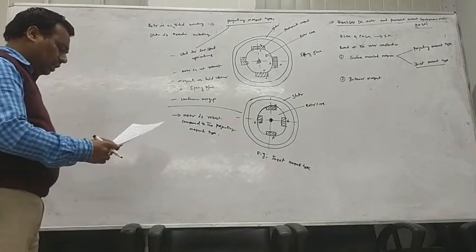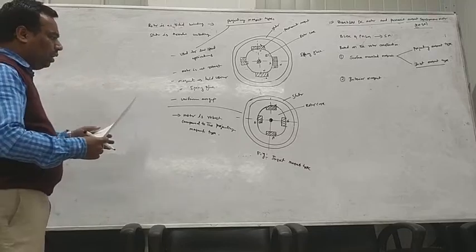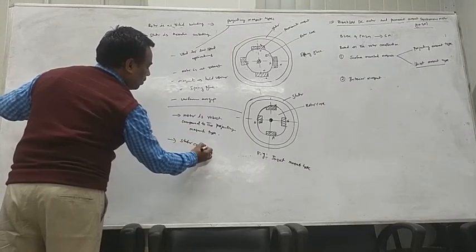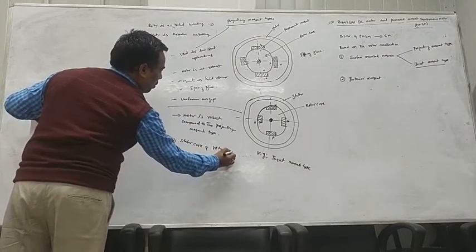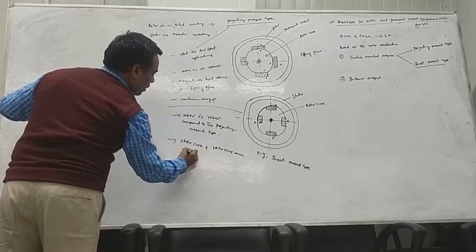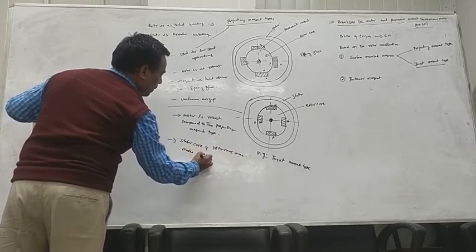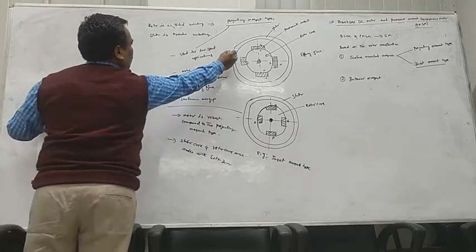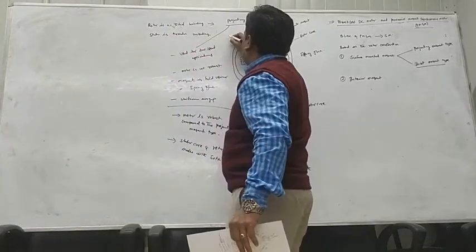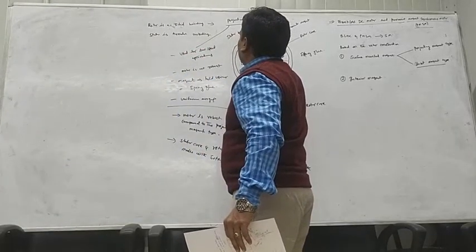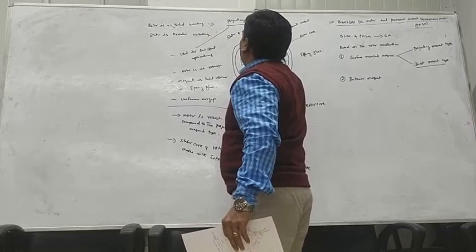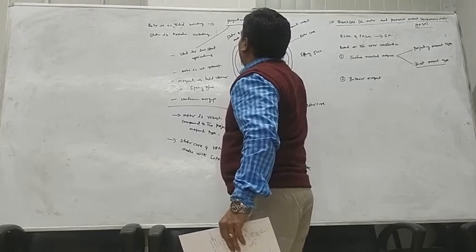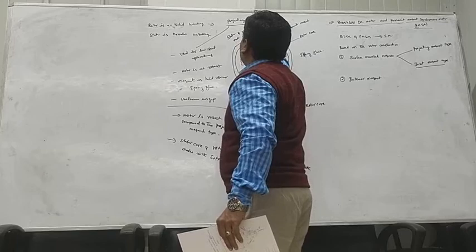The stator and rotor cores are made with soft iron material. Here, in the projecting type also, both the stator and rotor cores are made with soft iron material.